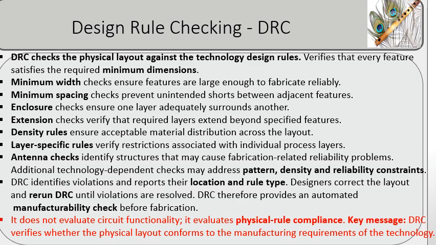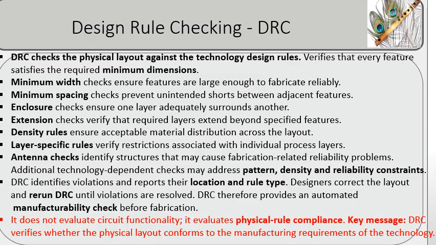Once design rules have been defined, the physical layout must be verified against them. This is the role of design rule checking, or DRC. DRC examines the layout geometry and checks requirements such as minimum width and spacing, enclosure and extension rules. It also checks layer-specific requirements and density constraints that are important for reliable manufacturing.